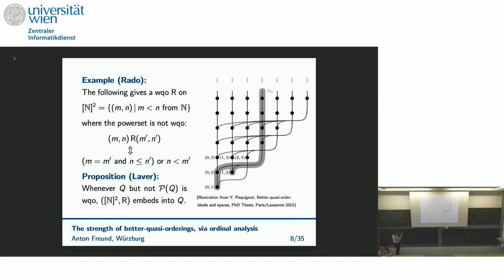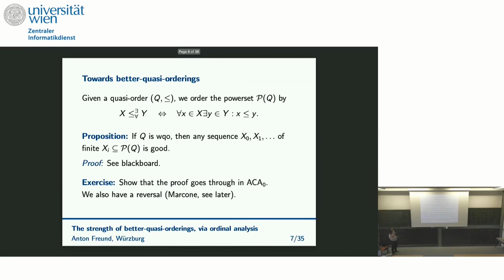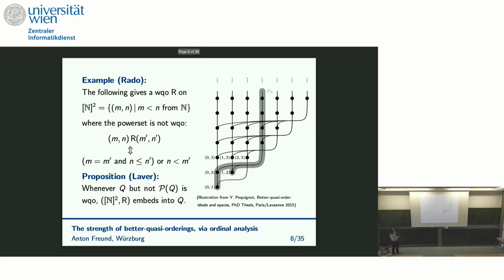In the first case, the two first components would have to be equal, but they are not because i is smaller than j. And in the second case, the second component of the left pair would have to be strictly smaller than the first component of the right pair, so j would have to be strictly smaller than j, which of course is not the case.